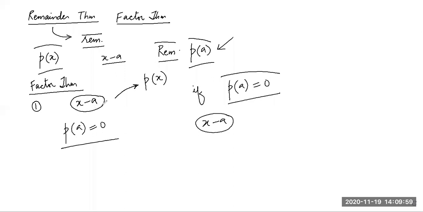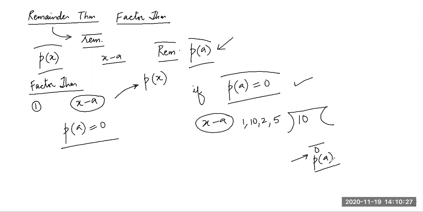If x minus a is given as a factor, definitely the remainder will be 0. From where do they get it? Very simple. Let's say we have 10. Whether I divide 10 by 1, by 10, by 2, or by 5, the remainder will be 0. And this remainder by the remainder theorem is given as p of a.